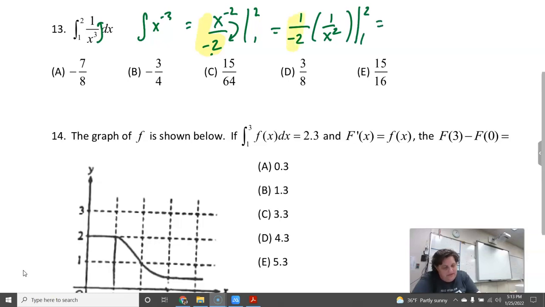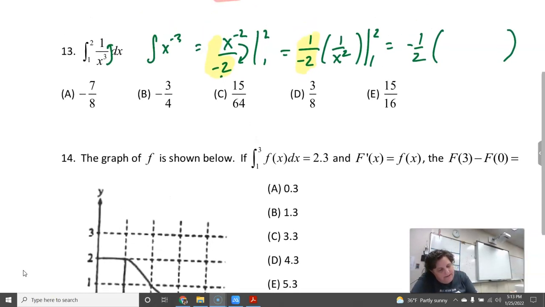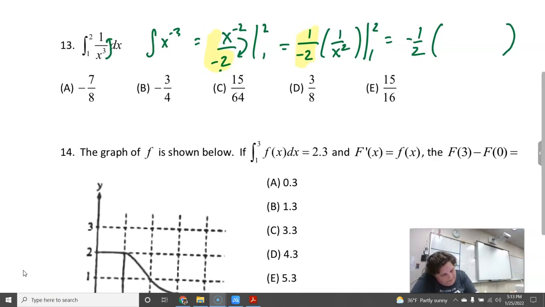Okay, so again, this is a constant. I'm going to leave it out. The negative can go wherever. It's okay if it goes on the outside or the top or whatever. And then I need to do this. If I put 2 in just right here, that's going to give me 1 over 2 squared. If I put 1 in, that's going to give me 1 over 1.